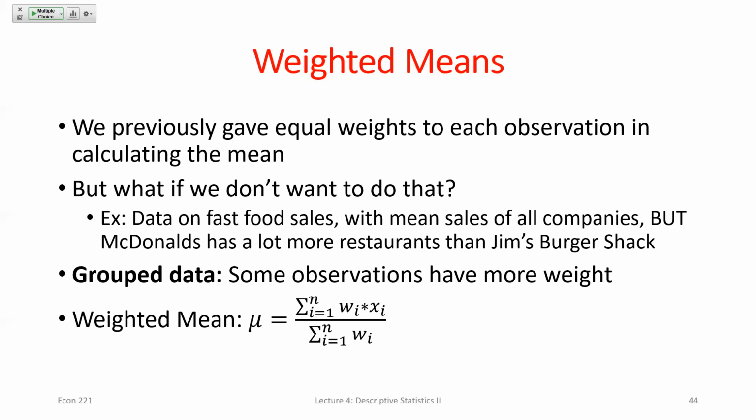Then add to that the next observation, take its weight, 30 students, multiply by the average starting salary for those pharmacy majors. Take the weight for anthropology majors, there's 10 of those, times their average starting salary. That's my numerator: the sum of each observation's weight multiplied by its value for the variable I'm interested in, X, which here is starting salary.